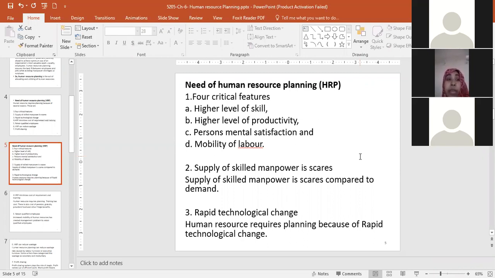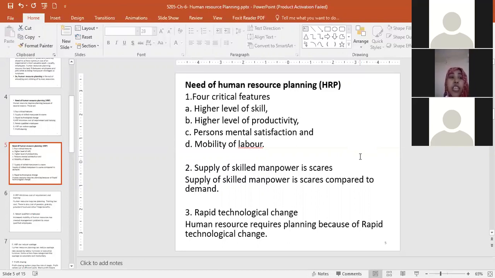is rapid technological change. Human resource planning is also required because of rapid technological change. Jobs and job requirements are changing faster. The pace of technological change is being accelerated.